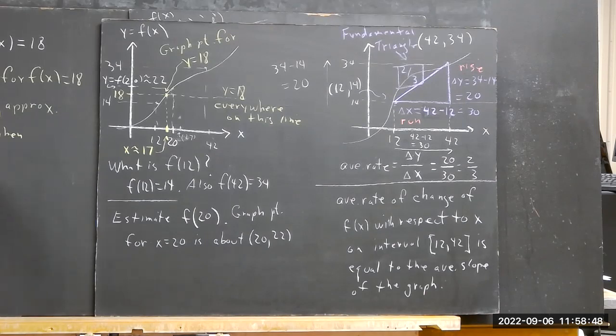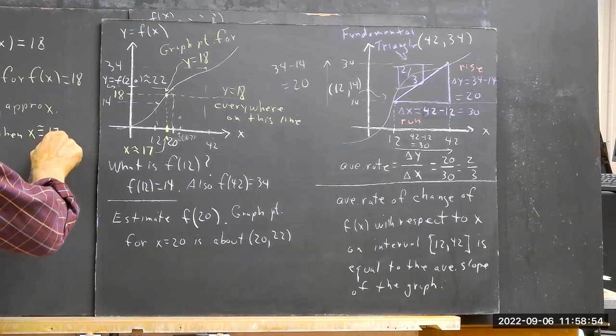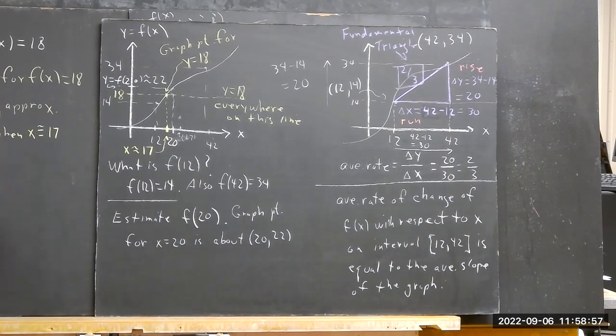Okay, that's that of it. f of x is approximately 18. x is approximately 17. And now we can say, and think about this, that f of 17 is approximately 18.